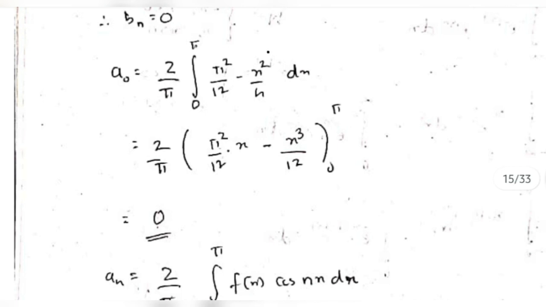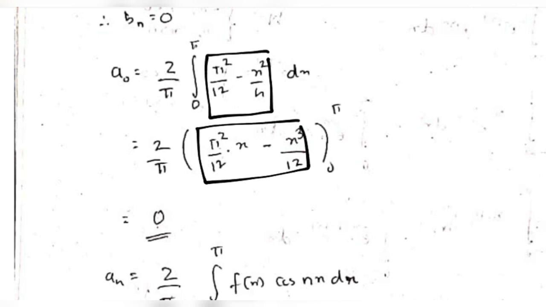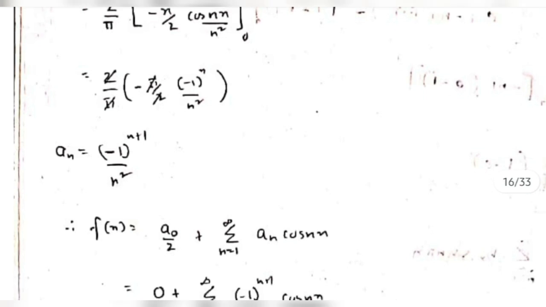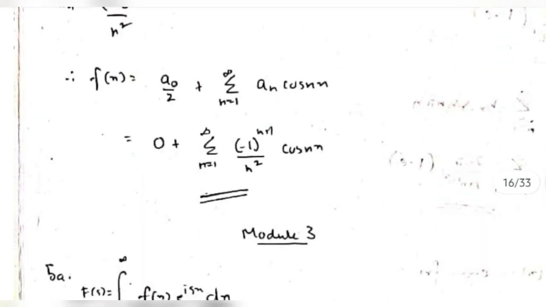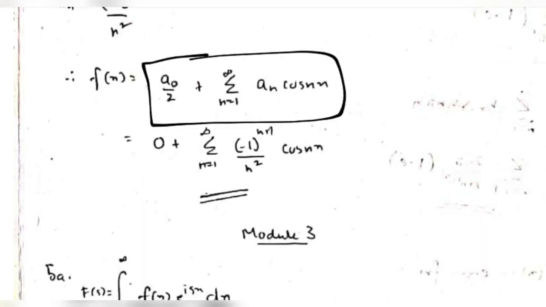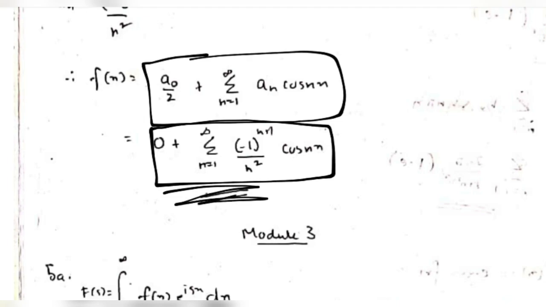Now by using this formula, we will be substituting the values and the limits to get a naught. Similarly a n also we will get, and finally we will write the equation. This is the standard equation, and in the place of a naught and a n, we will be substituting the values which we got, and this is the final answer.